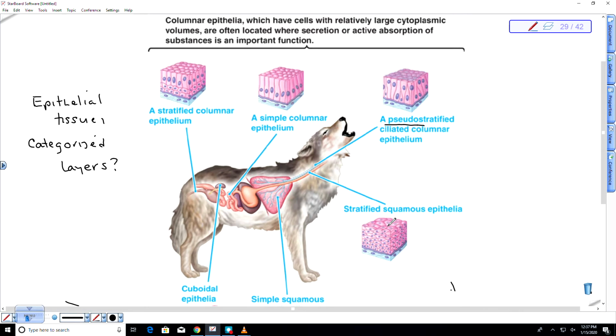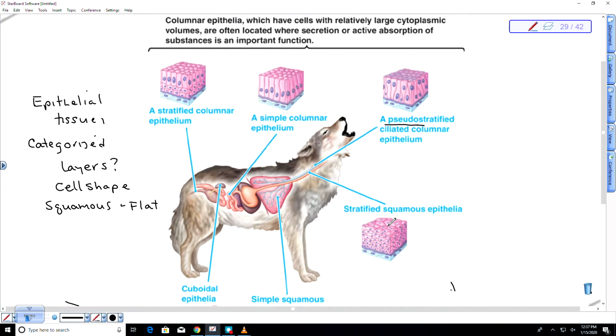We can also talk about cell shape. So squamous, you can just remember, is like being squashed, right? So it's a flat cell. So this means flat. And so, for example, that would be important for gas exchange because we simply want oxygen and carbon dioxide to diffuse across that surface.